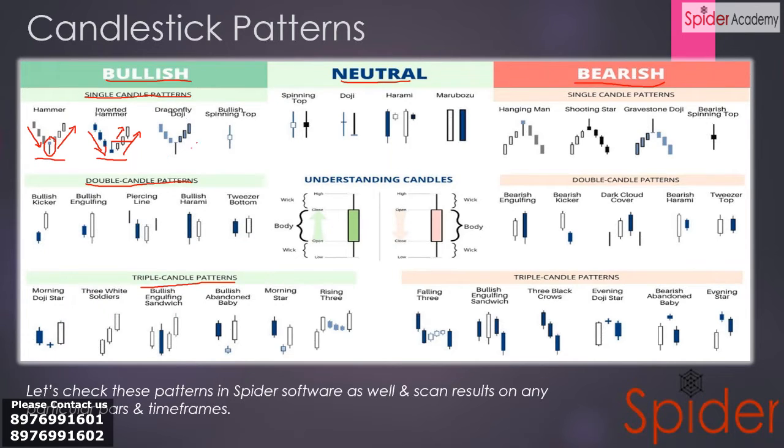ओके, अनदर थिंग इज ड्रैगन फ्लाई डोजी. सो ड्रैगन फ्लाई डोजी क्या होता है, सेम चीज होता है, हैमर जैसा ही पैटर्न दिखता हो, बट जो बॉडी रहता है वो बॉडी कुछ नहीं रहता वहां पर. एक टी साइज का पैटर्न बनता है वहां पर. ओके, एक टी साइज का पैटर्न बनता है, वहां से एक डाउन ट्रेंड होता है, एक टी साइज का पैटर्न बनता है, फिर वहां से एक अप ट्रेंड का साइन रहता है. इसमें भी सेम लॉजिक अप्लाई करेंगे. जब कैंडल का हाई, जब क्लोजिंग रेट प्रीवियस कैंडल का हाई ब्रेक करता, तो हमारा एक बाइंग अपॉर्चुनिटी जनरेट होता है वहां पर. ओके, देखिए, whenever it breaks this high, this particular candle high, it creates a buying opportunity.